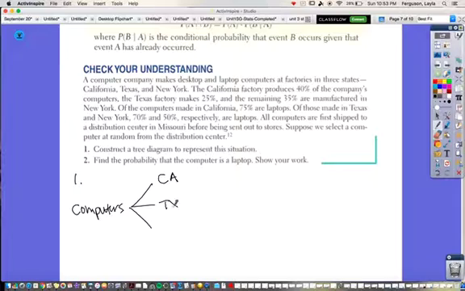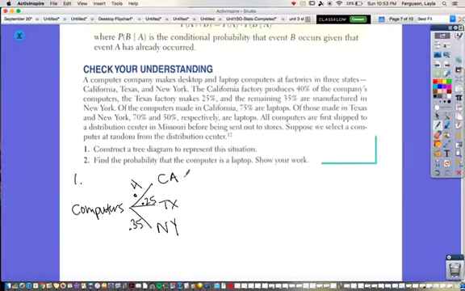California, Texas, and New York. All right, so the probability that it comes from California is 0.4. I got that from here. The probability it comes from Texas is 0.25, and the probability it comes from New York is 0.35.